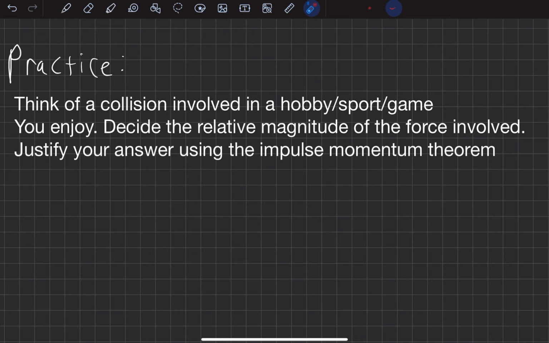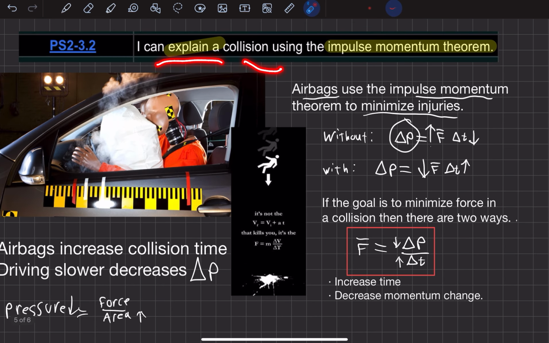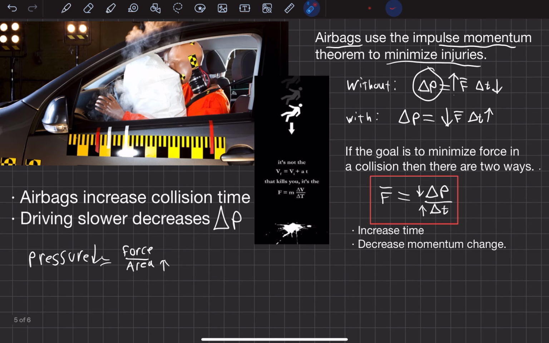I leave you with a practice problem because remember, what we're trying to do here is explain the dynamics of a collision using the impulse momentum theorem. So what I want you to do is specifically reference the equation and maybe draw up arrows and down arrows for things increasing, decreasing, and then talk about what's happening.